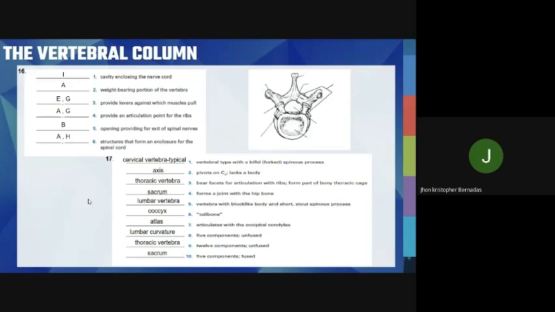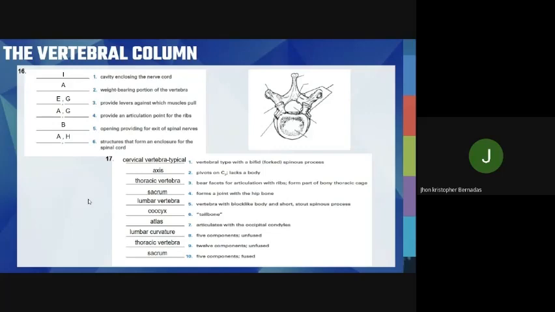We have axis. Next, number 3, bears facets for articulations with ribs, forms part of bony thoracic cage, and we have thoracic vertebra.